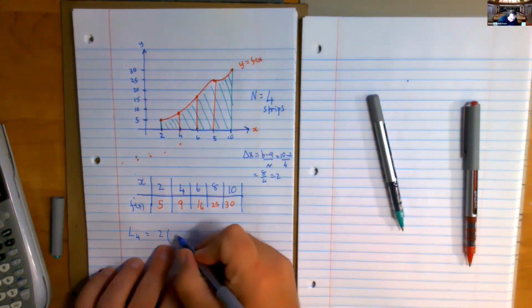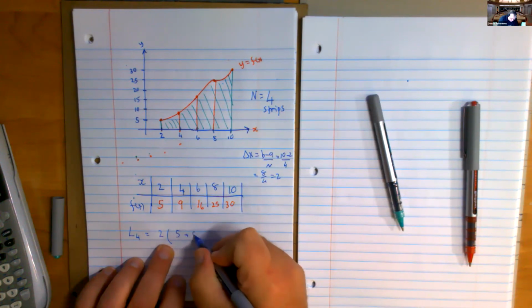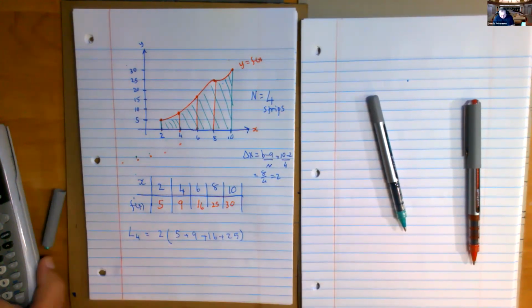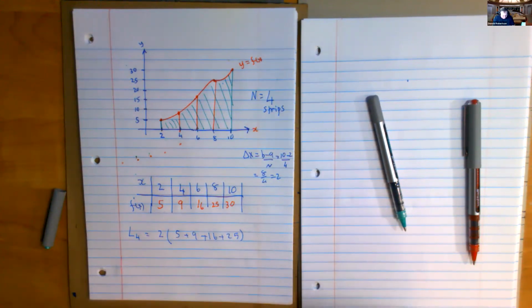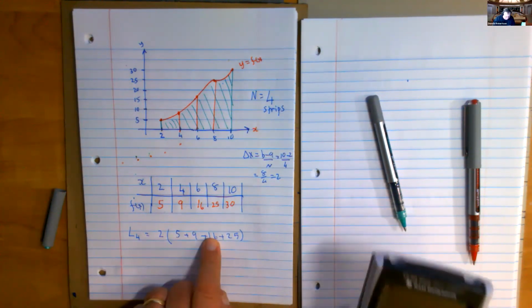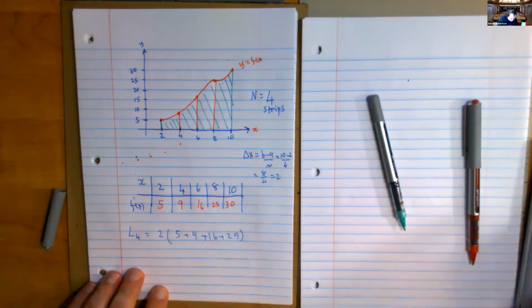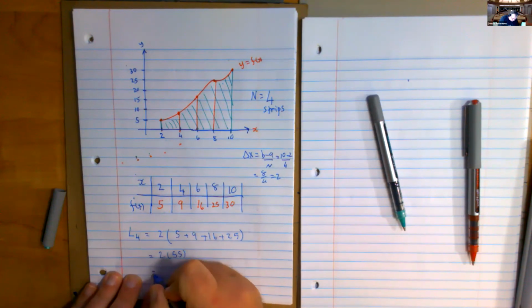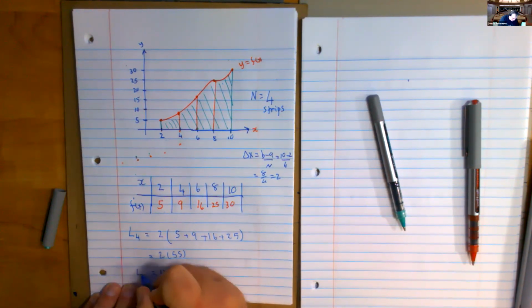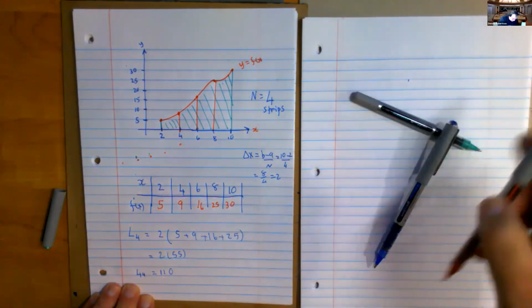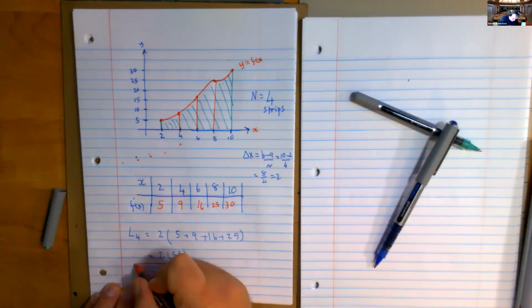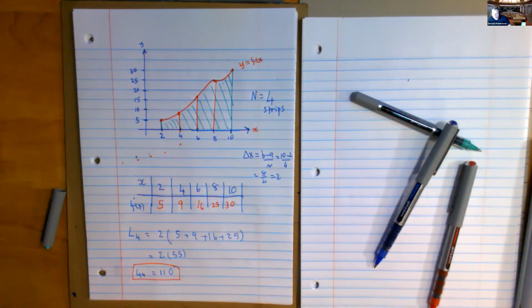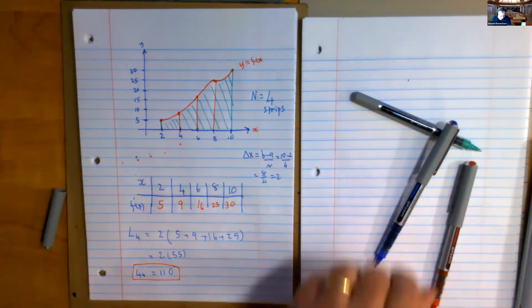So that means I can just say 5 add 9 add 16 add 25. And I'm going to cut some corners here. 14, 30, 55. So it's 2 times 55, and I make that 110. We're cool with that? The area under this curve is 110 units.